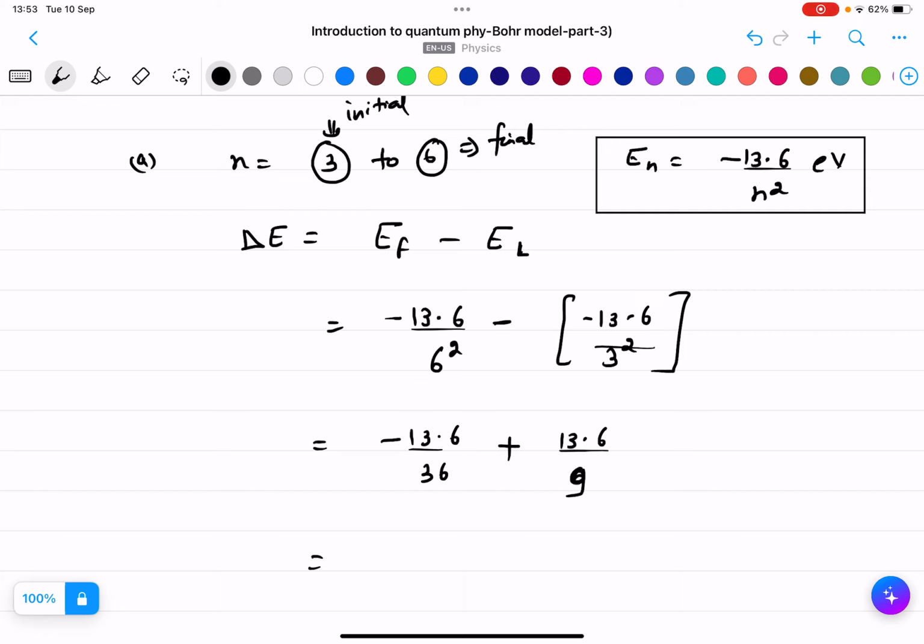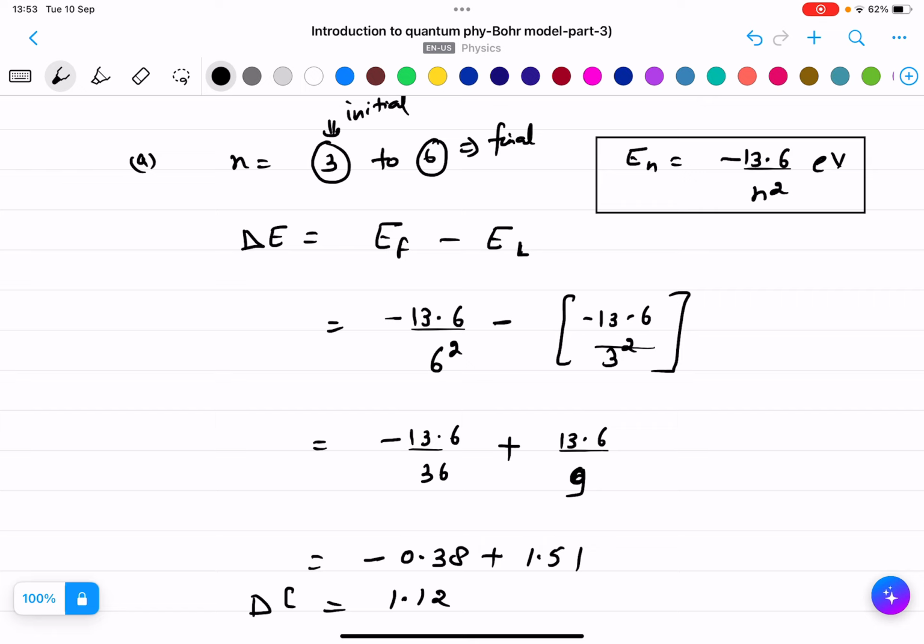Let me solve it. This is 13.6 divided by 36, so it is minus 0.38, plus 13.6 divided by 9, which is 1.51. So basically 1.51 minus 0.38, which is 1.12.